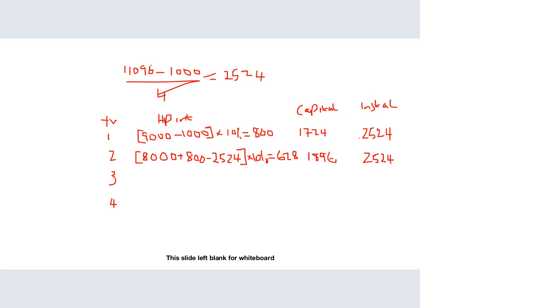Now, if we move to year 3, the outstanding balance for year 3 will be this. You take 8,000 plus 800 minus 25.24.